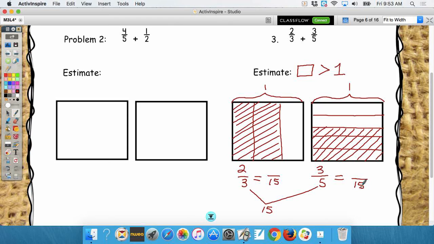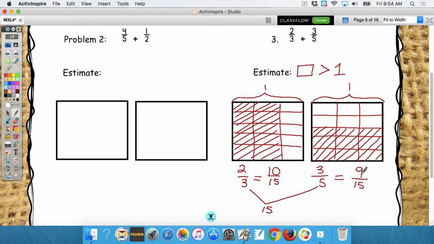Okay, so then I combine lines. I like what Sadie said yesterday. You just move those lines over. And so I have 2, 4, 6, 8, 10, and 3, 6, 9. Do you skip count like that when you're counting your pieces? Yeah. Okay.